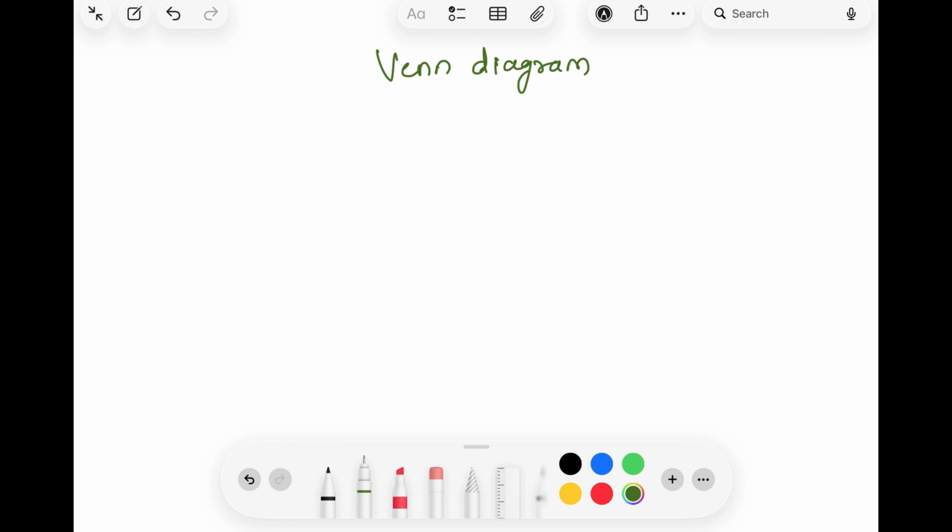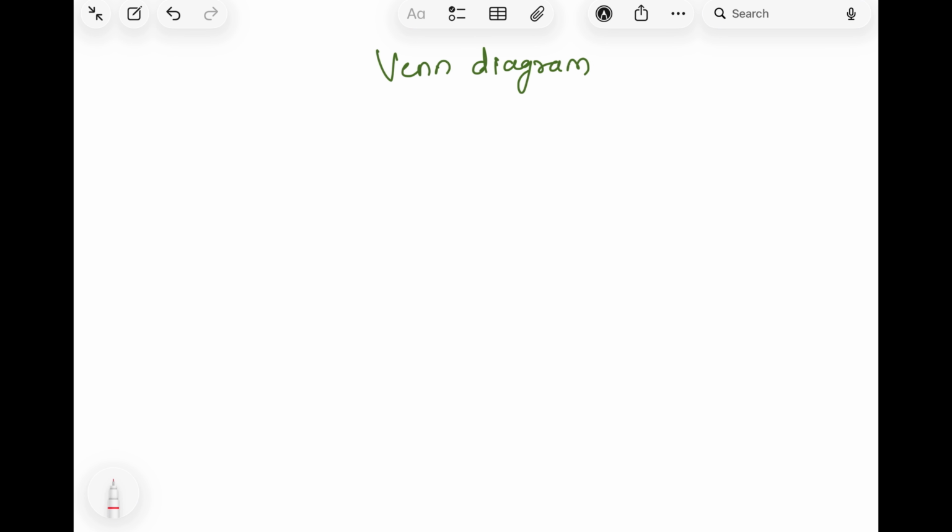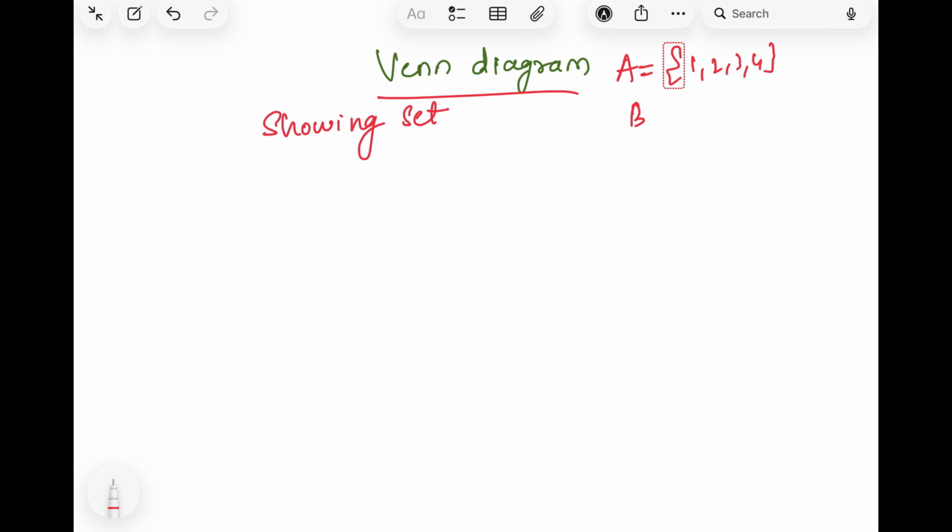When you hear the word Venn diagram, you understand, yeah, it is some kind of a diagram, right? It is a diagram, but what diagram? This is a way of showing a set. Now normally we write the set in the form which I gave earlier, like A, 1, 2, 3, 4 and B something something.